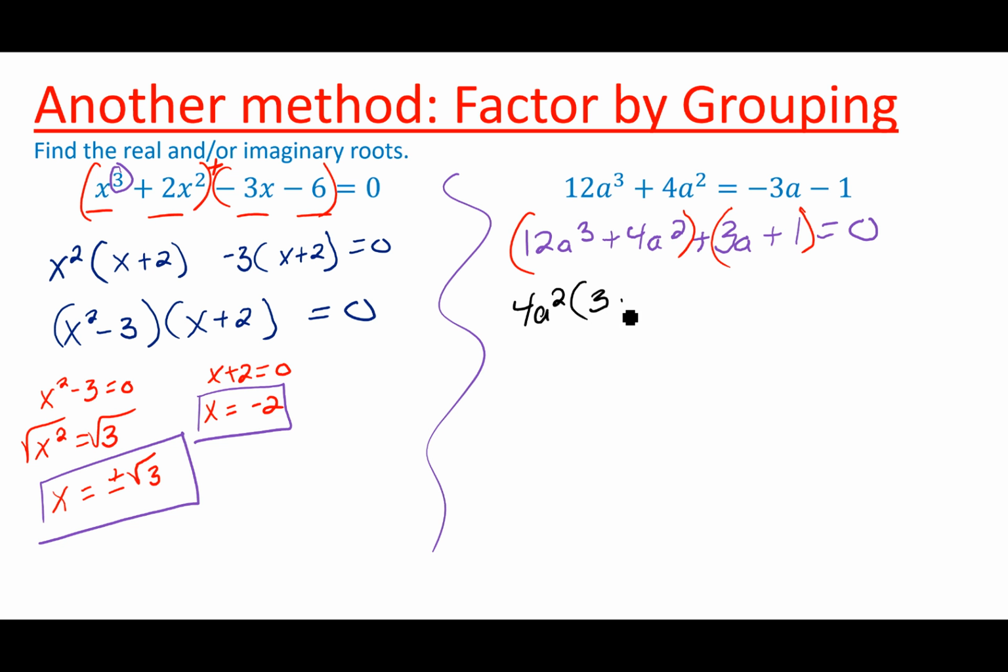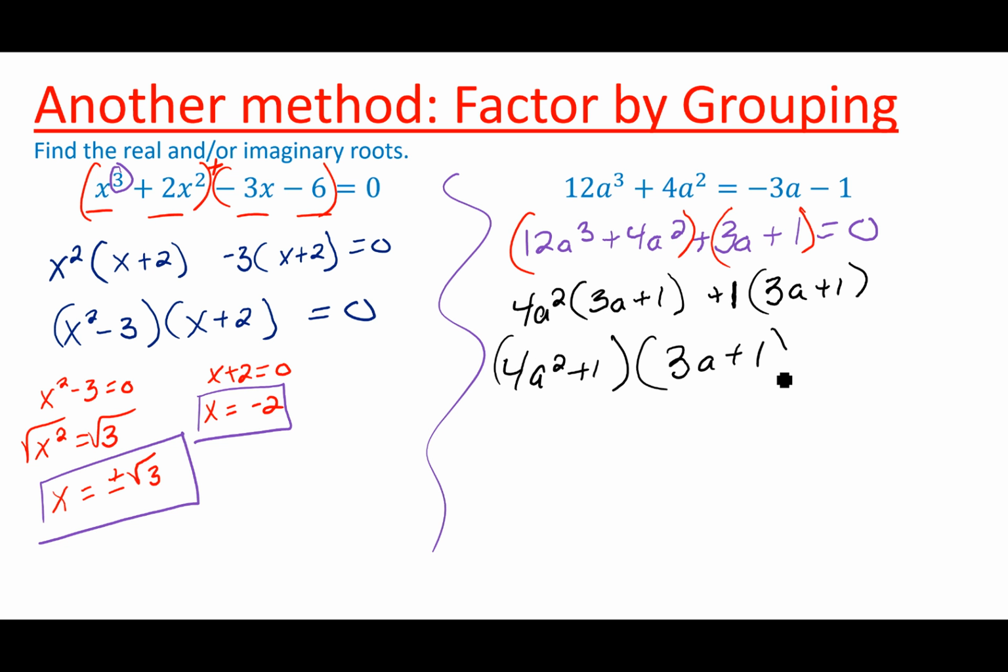So it'd be 3a plus 1. This also has to be 3a plus 1, which it already is. So really all I factored out was a positive 1. So I have 4a squared plus 1 times 3a plus 1, all still equals 0. But now it's in factored form.